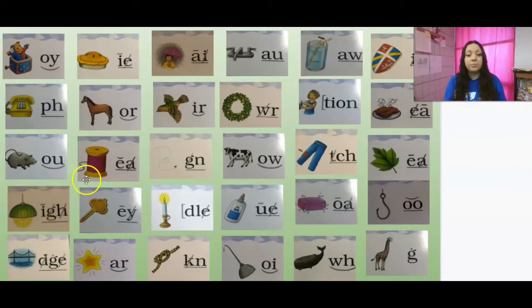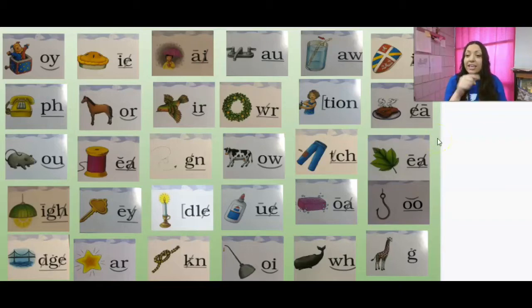Steak, A, digraph EA. Mouse, ow, diphthong OU. Thread, digraph EA. Gnat, ghost digraph GN. Cow, ow, diphthong OW. Patch, trigraph TCH.